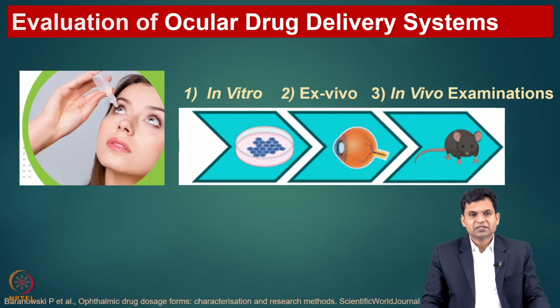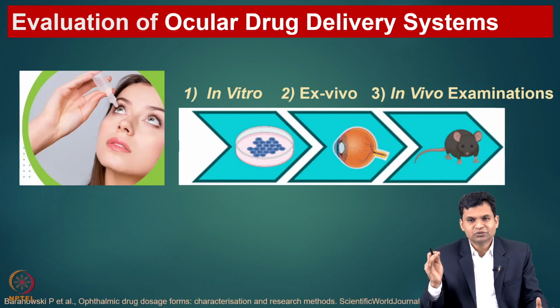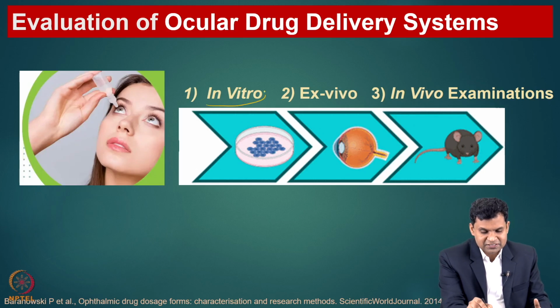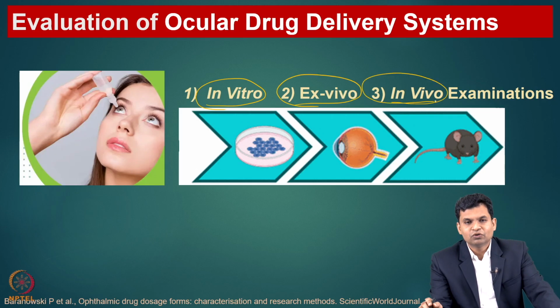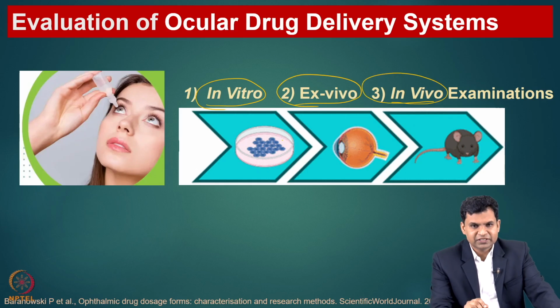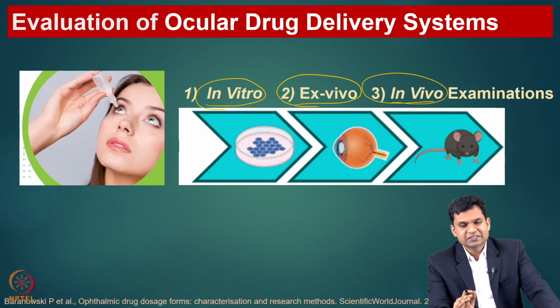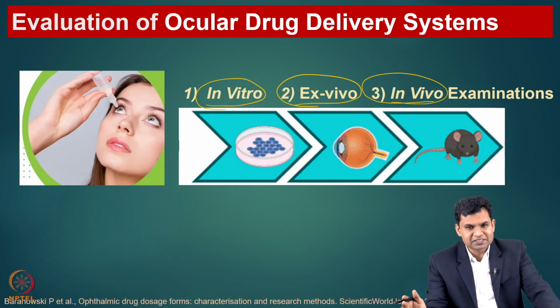As we know, the characterization, evaluation or quality control studies of any formulation can be classified into three categories. The first category is in vitro characterization, the second is ex-vivo, and the third is in-vivo studies. In in vitro studies, we use glassware or enzymes, performing all these studies in artificial conditions.